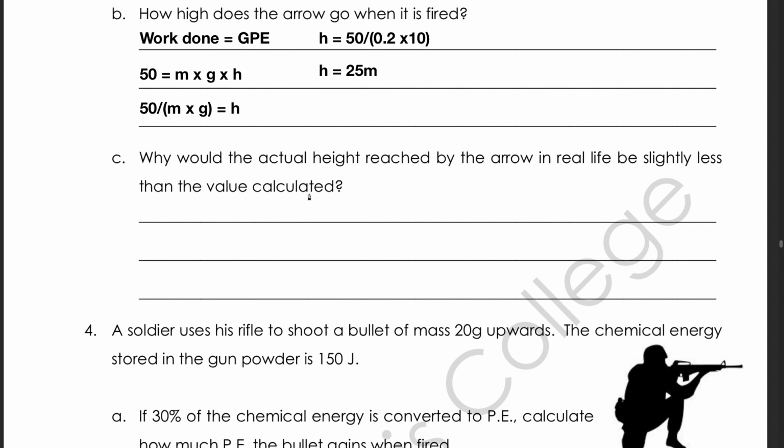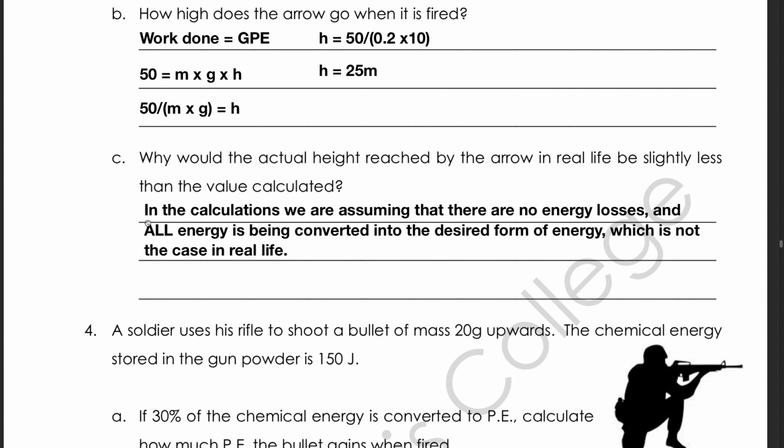However, we know that in real life, there might be other sources of energy that the work done in this case is being changed into. Generally, heat and sound. So in the calculations, we are assuming that there are no energy losses and all energy is being converted into the desired form of energy, which is not the case in real life.